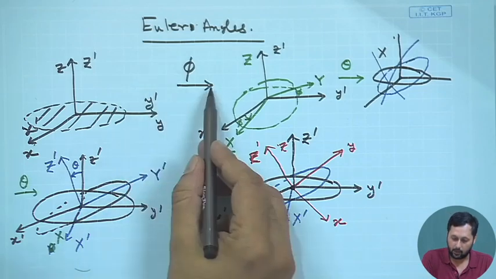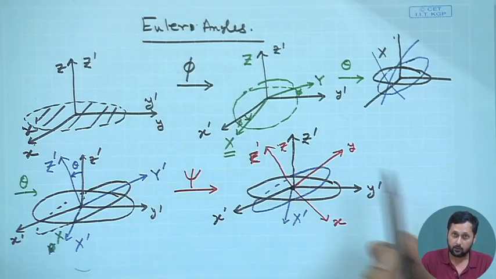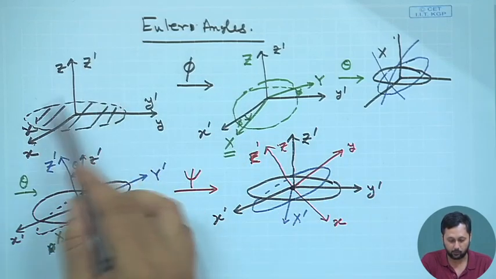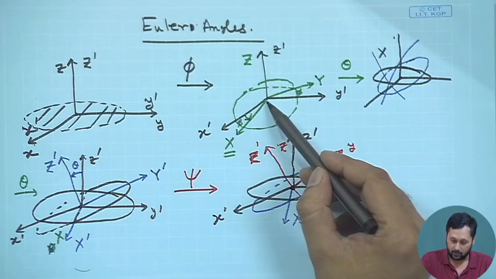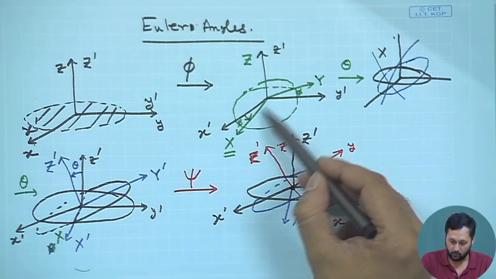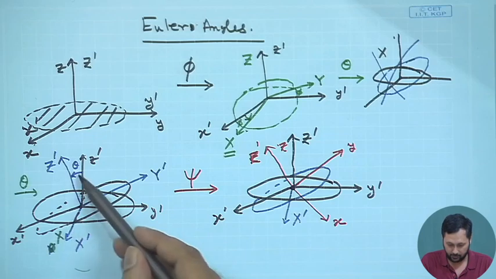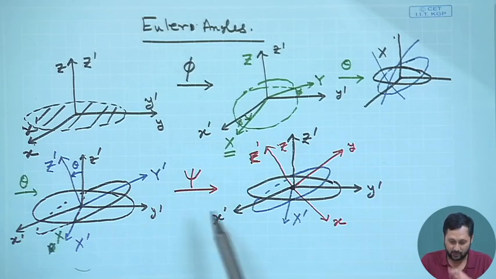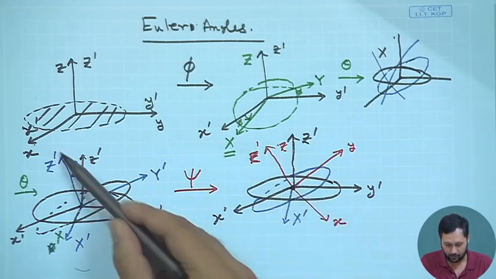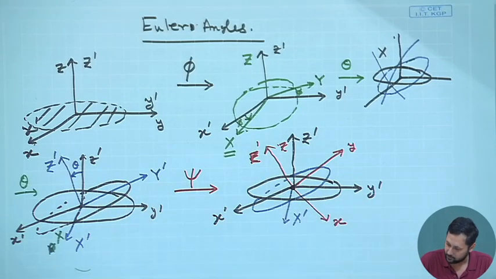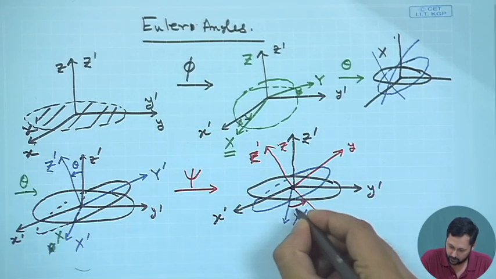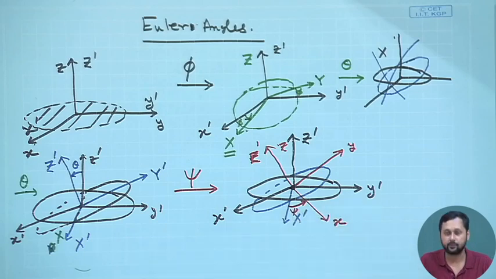So, we have the phi rotation, which is around the initial z axis where body and space both coincide. Then the second rotation is around the new x axis, by an angle theta in the anticlockwise direction, and the last psi rotation is around the new z axis after the second rotation, by the angle psi given here.